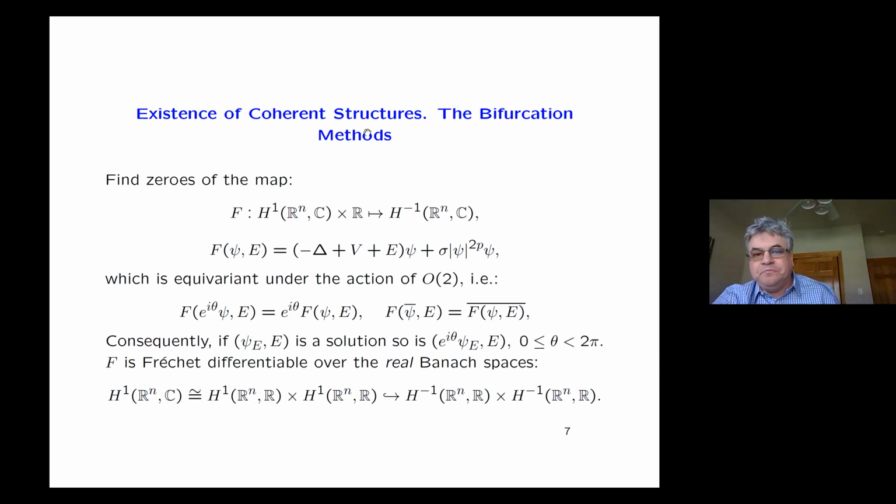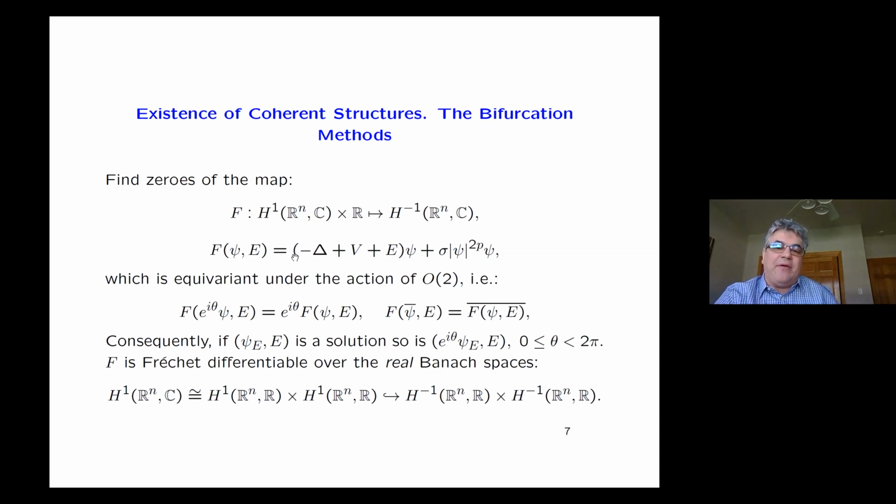bifurcation method. For that, you basically reduce the problem to finding zeros of a certain map. My map will be between two Banach spaces, one is the dual of the first one. The zeros are the zeros of this F. If you look back, with one other mistake, as I said, here should be G of psi by itself, but one example of G of psi is exactly this power nonlinearity.